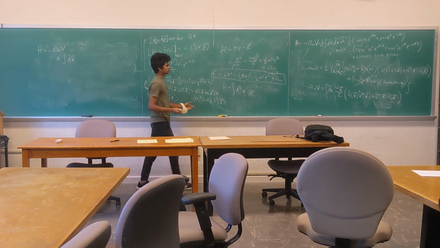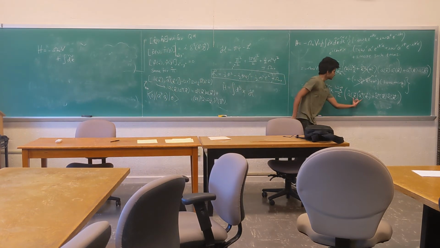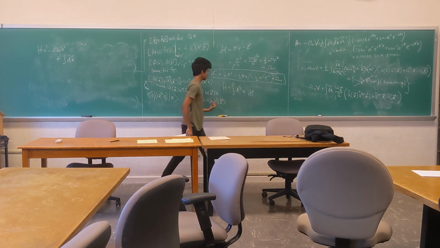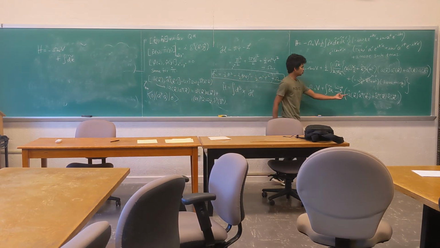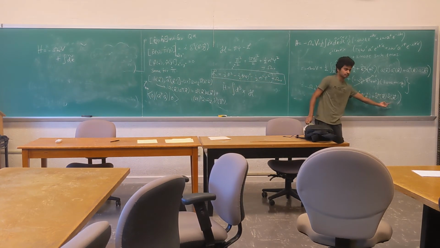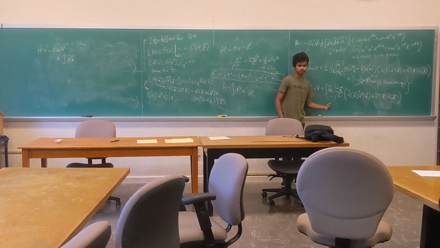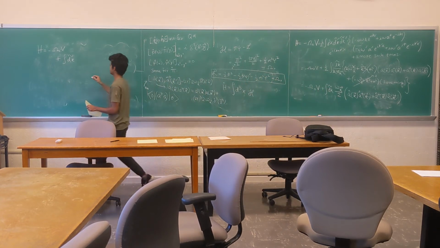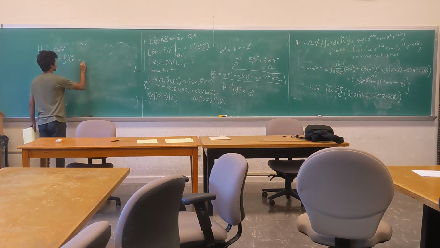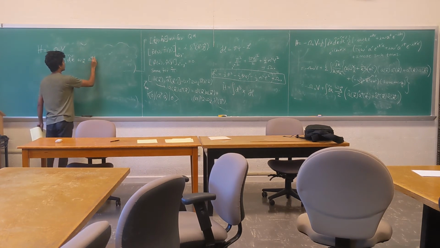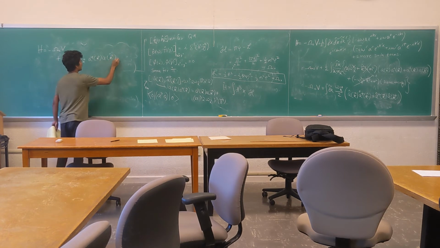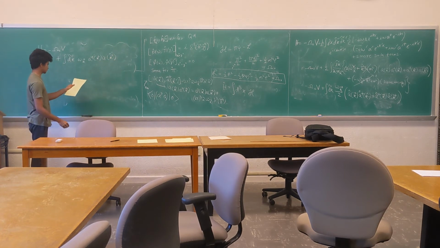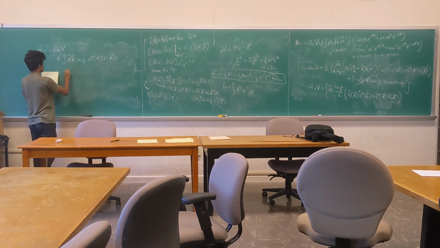If I change this term for this term, I get twice A dagger K AK, and that 2 goes with this 2. So I have omega K, A dagger K, AK, and the other term, which is this integral.